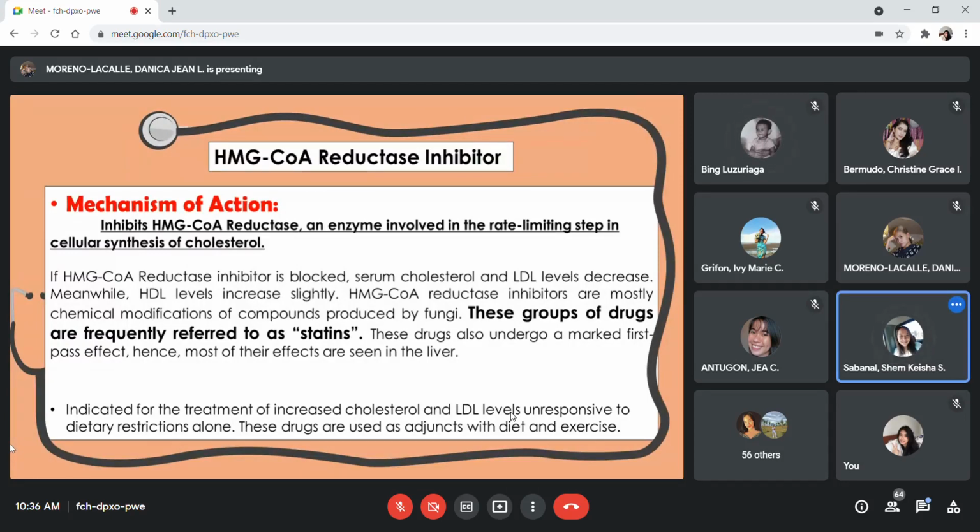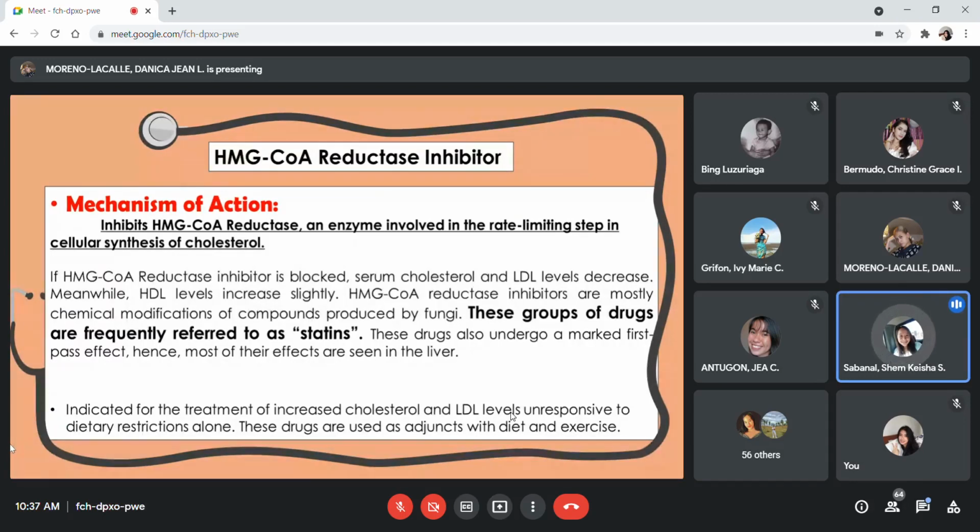So if this enzyme is blocked, serum cholesterol and LDL levels decrease. Why do our LDL levels decrease? Because when our cells can no longer synthesize cholesterol, they absorb more LDLs from the bloodstream for the processing of cholesterol.